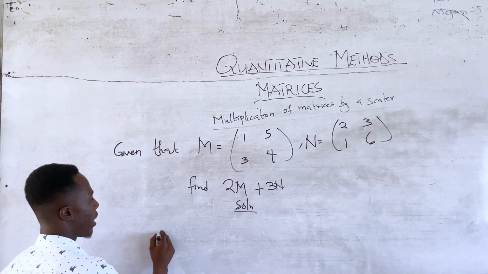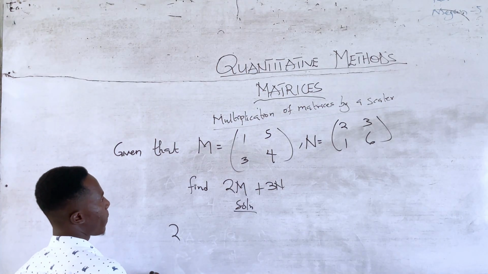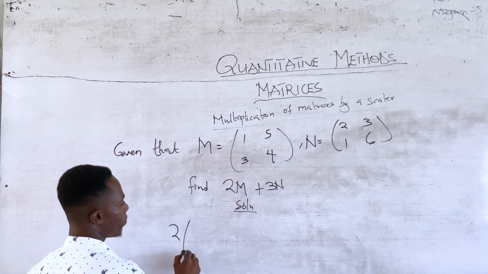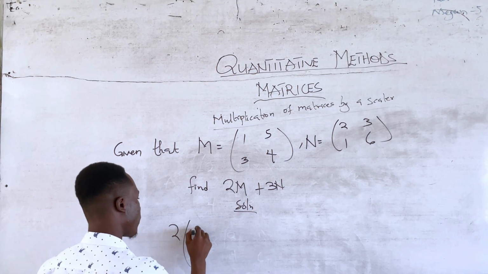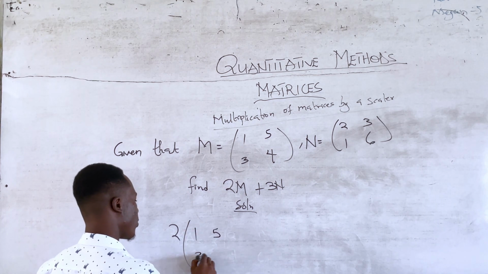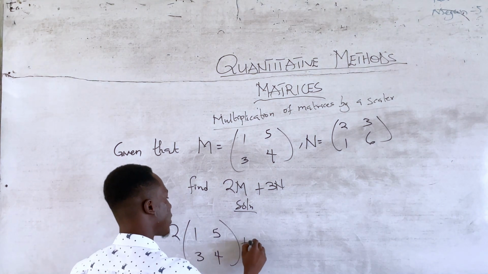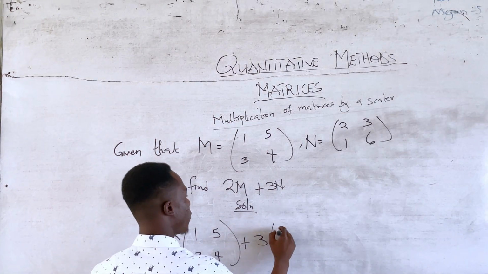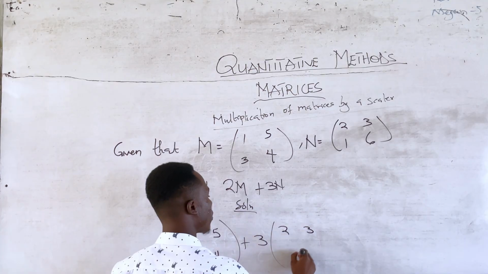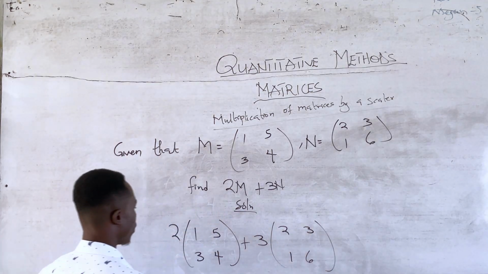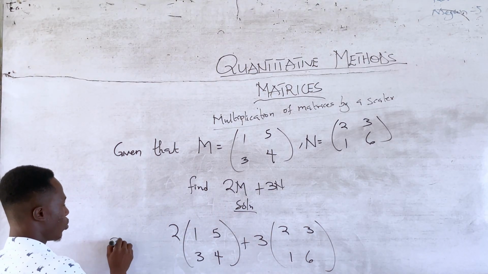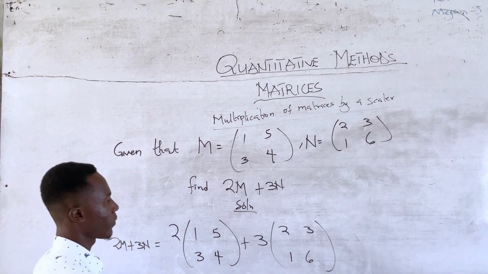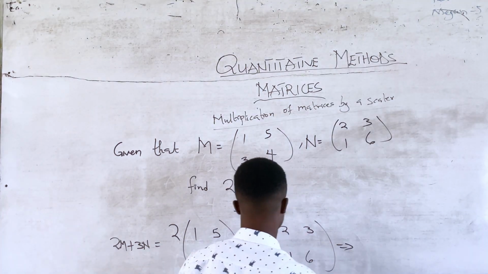We have 2 into the matrix 1, 5, 3, 4, plus 3 into the matrix 2, 3, 1, 6. So this is 2M plus 3N.